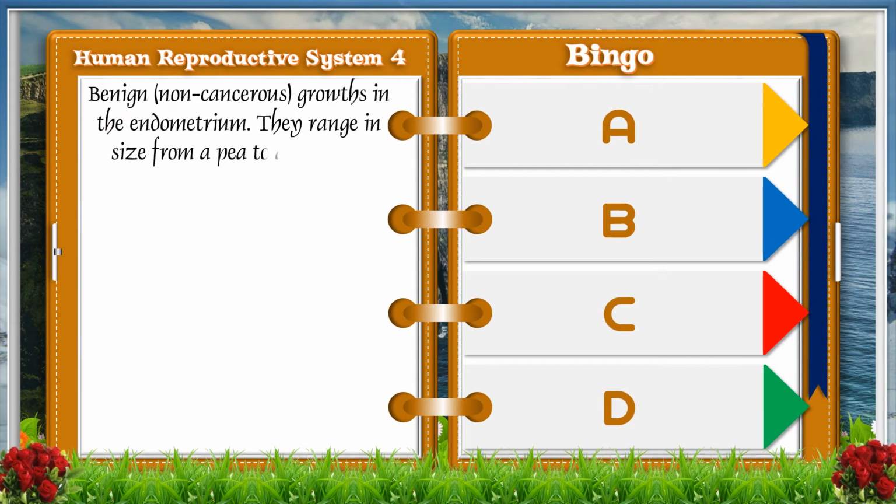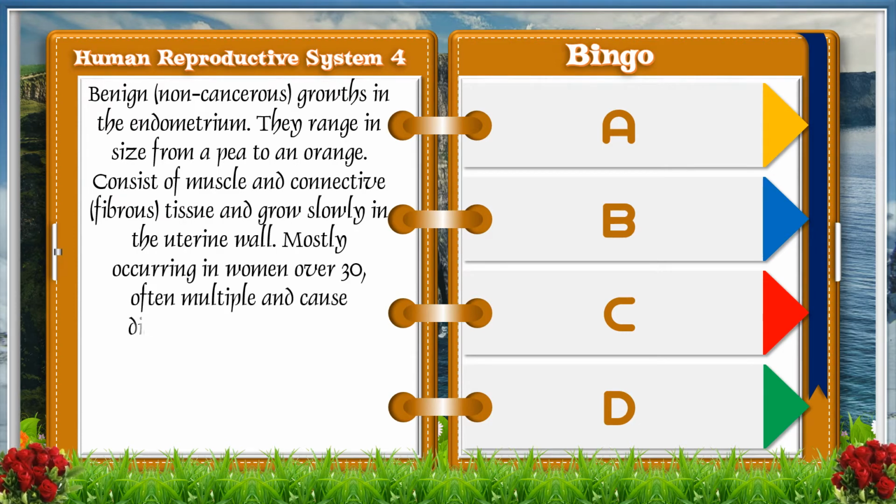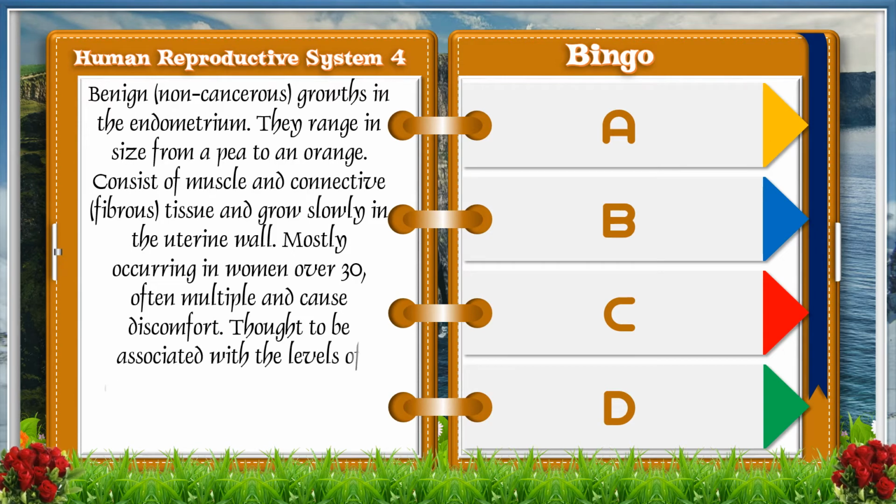A benign, non-cancerous growth in the endometrium. They range in size from a pea to an orange.